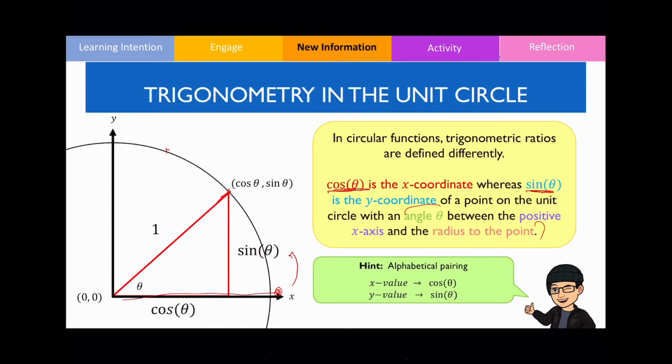Out of all your trigonometric ratios, you've got sine, cosine, and tan. Since c goes before s or t, cos will be related to your x value, because x goes before y. The next one that follows alphabetically is sine, so that connects with y. And tan is pretty much by itself. It doesn't really provide, for now, that much useful information in terms of the coordinate of the actual point.